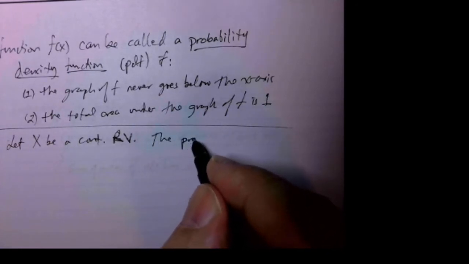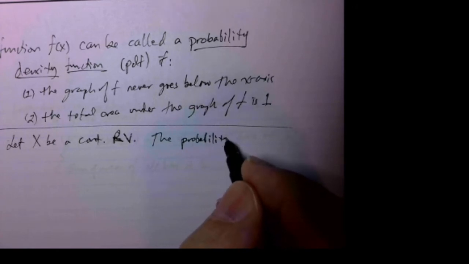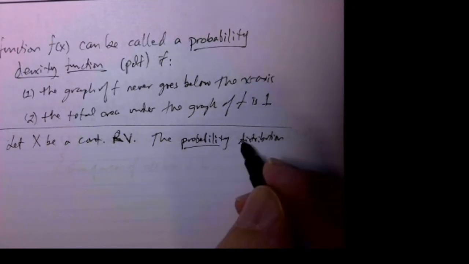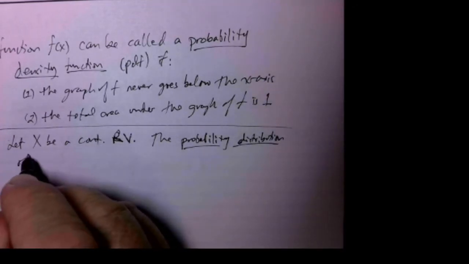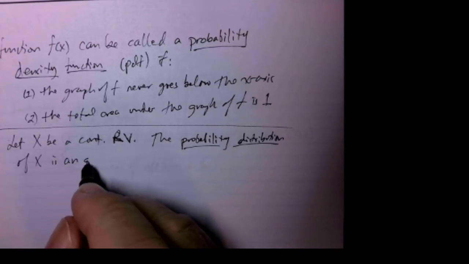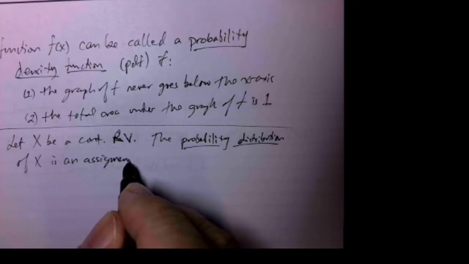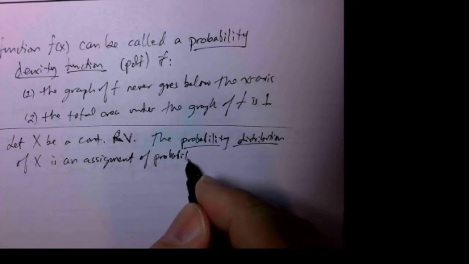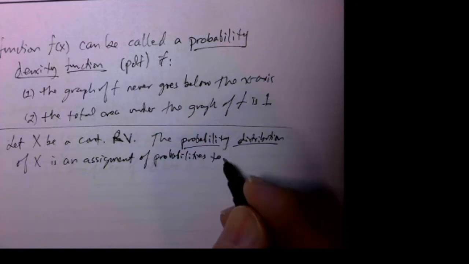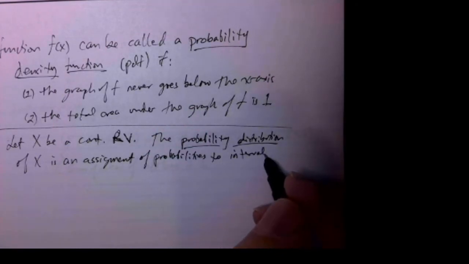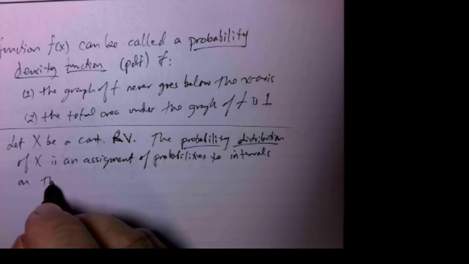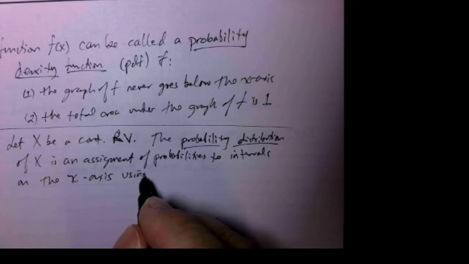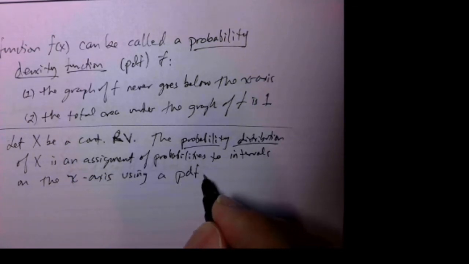The probability distribution of x is an assignment of probabilities to intervals on the x-axis using a probability density function.